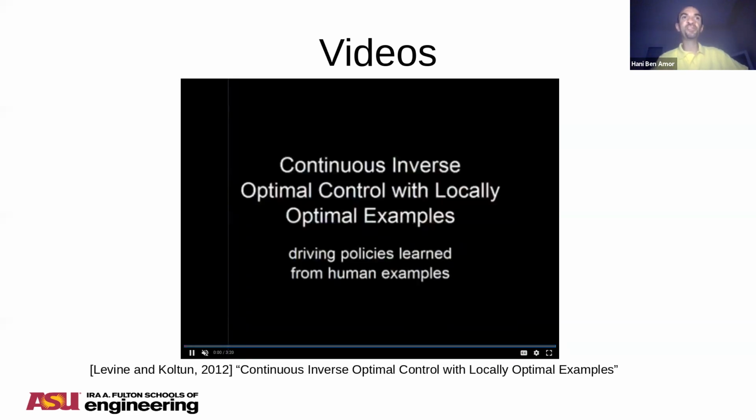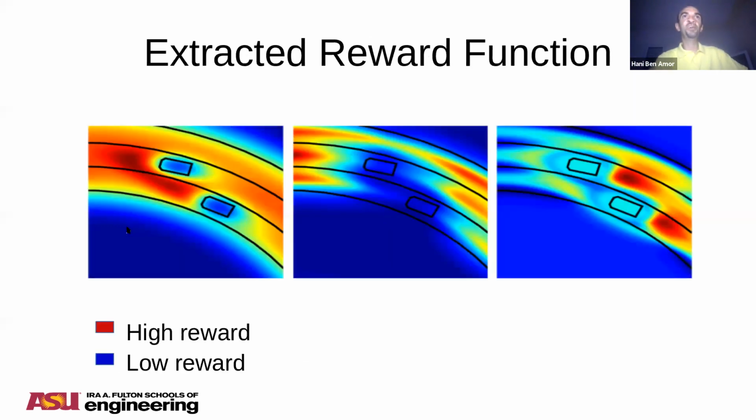And so once we have these demonstrations, we can turn them into a utility or reward function. The easiest way to imagine it is as some sort of map that tells us hot and cold. Here you see an example. Let's take the one on the left side. This is a map, and you see two cars again. The car that we are actually looking at is the lower car.